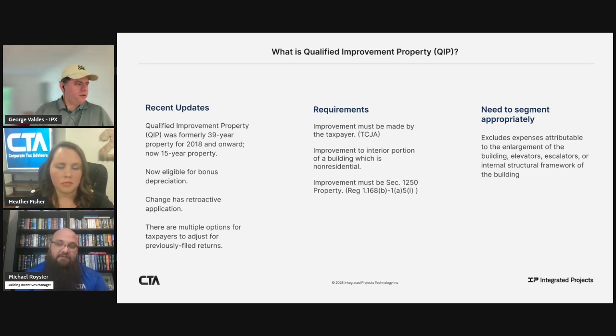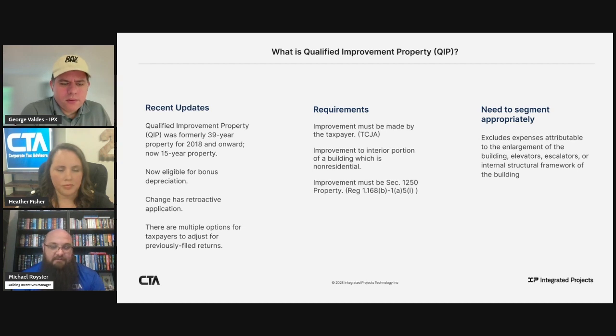We need some renovations done. And you're like, well, we're going to work on the HVAC system for you. We need a new roof. We need all these walls repaired. We need new plumbing. We need new electrical. Every one of these things that would be typical 39-year property, you can now move to 15-year, and you get the bonus depreciation on it.